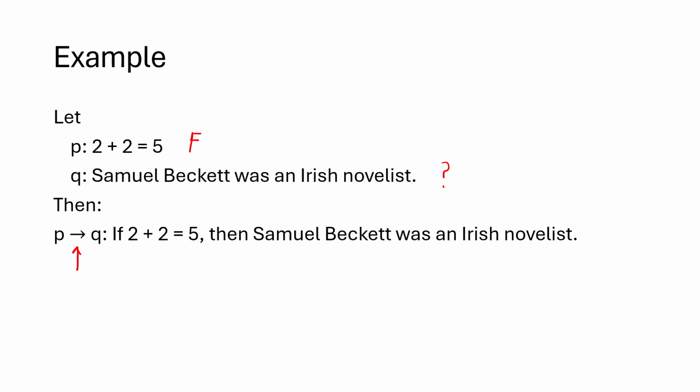But in logic, implication doesn't necessarily have anything to do with causality, right? And that's why I've chosen these two statements, these two propositions P and Q, to be completely irrelevant to each other, to show you that in logic there is no need for P and Q to be related to each other in any way, and we can always create an implication with two propositions.